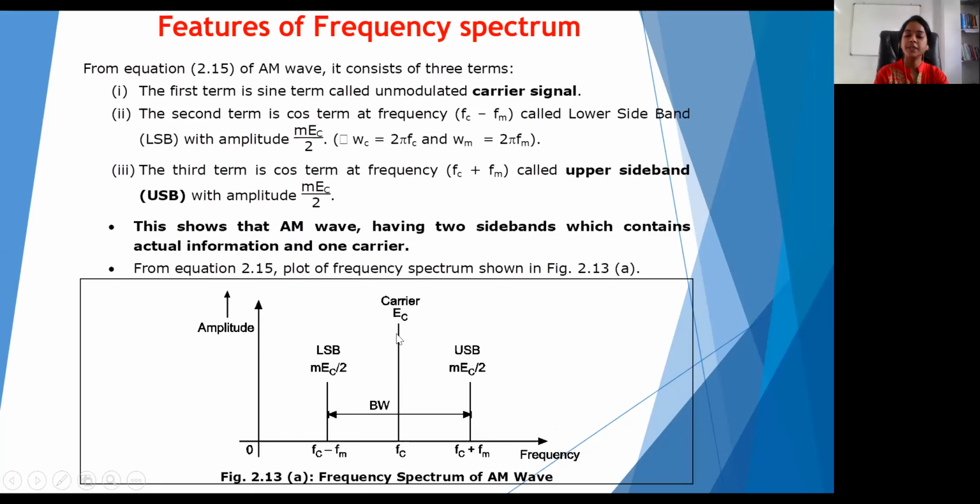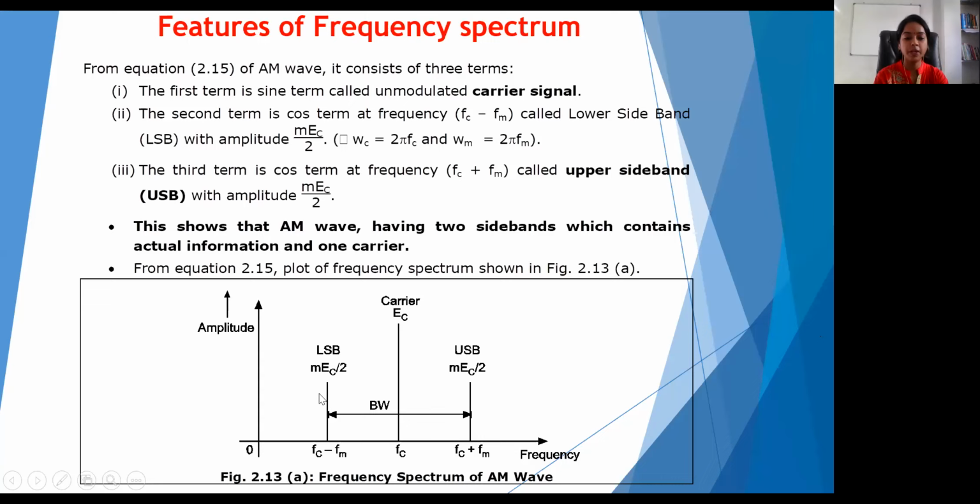The frequency which we actually wanted is the carrier frequency, but after doing amplitude modulation we got some extra frequencies also, and they are called the lower sideband frequency and upper sideband frequency, which have the amplitudes mEc by 2 and here mEc by 2.